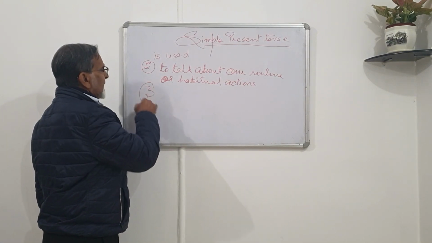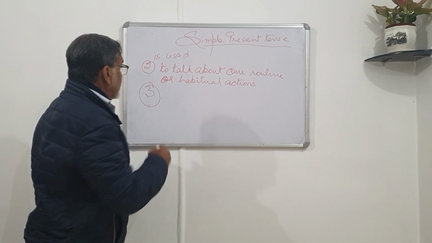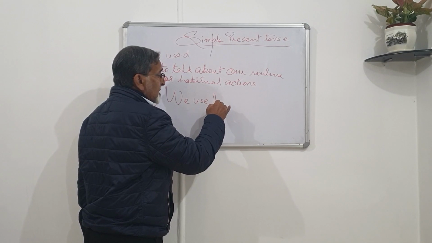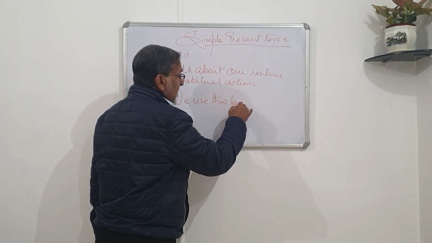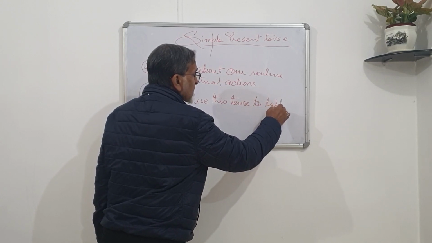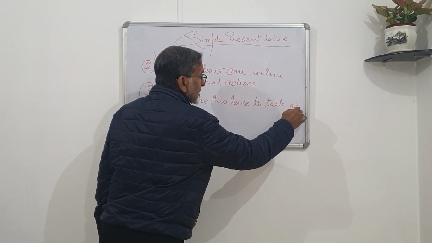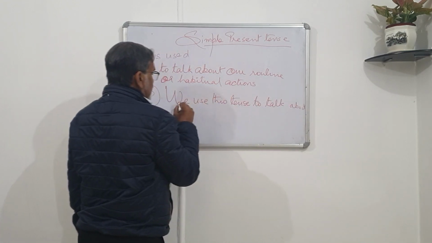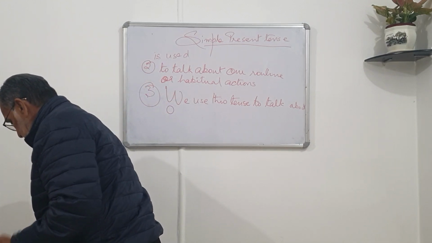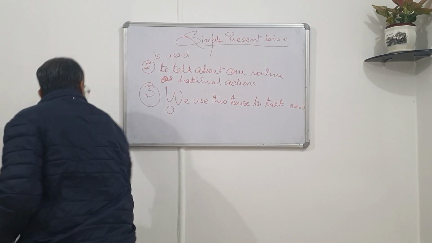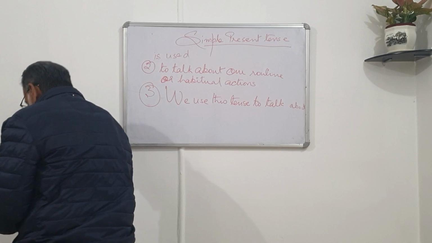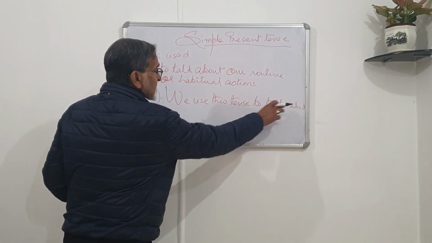तीसरी बात, थर्ड थिंग जो इसके लिए बहुत जरूरी है, वी यूज दिस टेंस to talk about official actions and programs about the future. I'm writing it in a separate color because this is very important and you need to remember this.